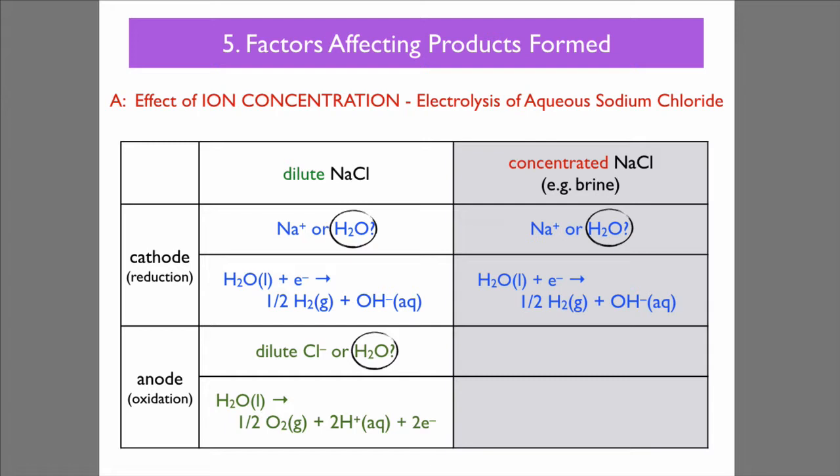What about the anode? We know in dilute sodium chloride that it's the water again. But what about when it's concentrated? Is it going to be the Cl- or is it going to be water? It's actually the Cl- at concentrated, which you could probably guess because the slide wouldn't exist if it was just the same. And the chloride is going to form chlorine gas.